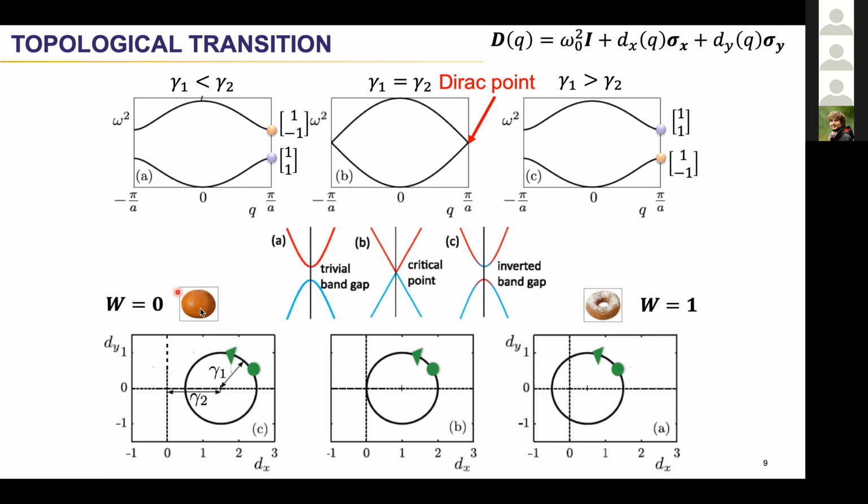For the later slides, the trivial configuration with a 0 topological invariant can be visualized with this orange with no hole, whereas the non-trivial one with a non-zero winding number can be visualized with one hole.